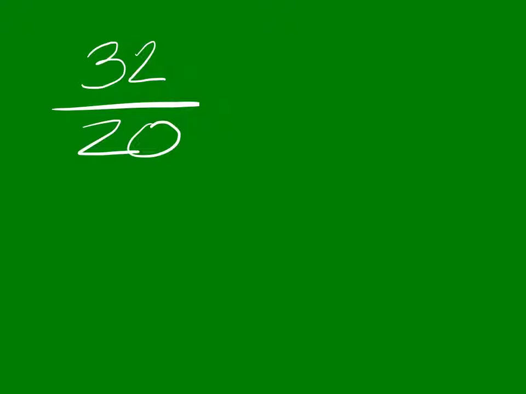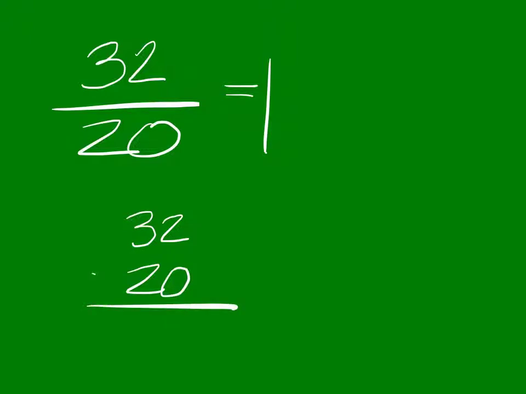How many times will 20 go into 32? 20 will not go into 32 10 times. Just once. If it goes in once, then you have 32 and then 20. What's left over? 12.